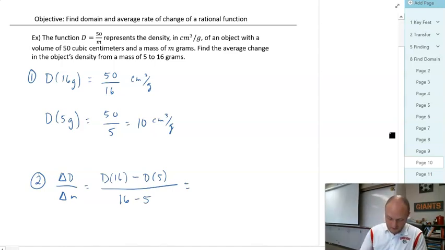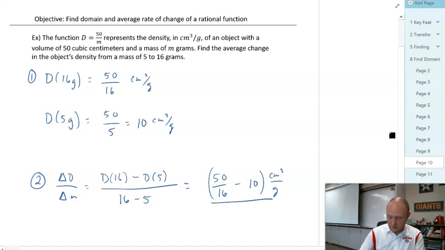My d of 16 grams is 50 over 16, minus, well, this one requires a calculator, so I'll put 10. And again, this is cubic centimeters per gram, and then down below we have 11 grams.